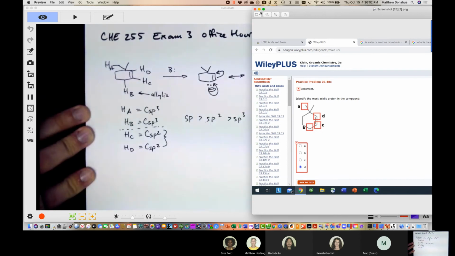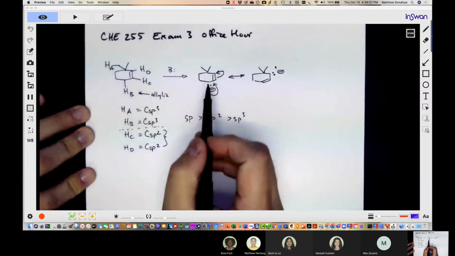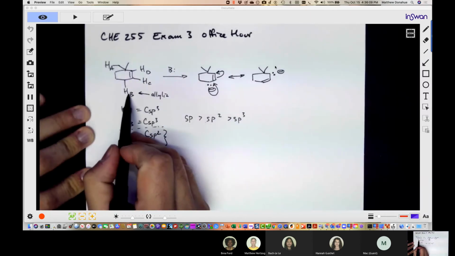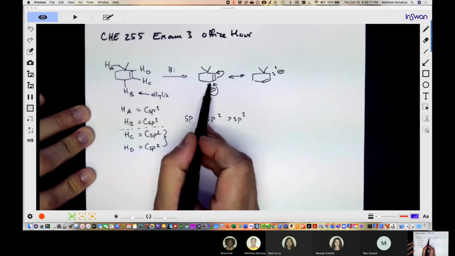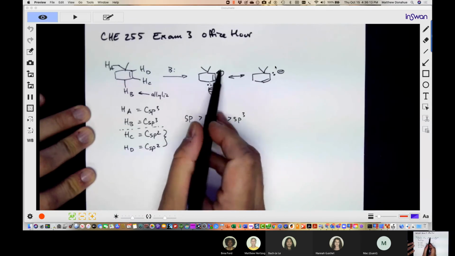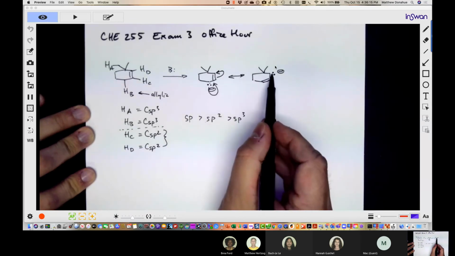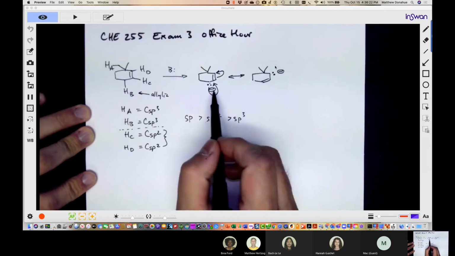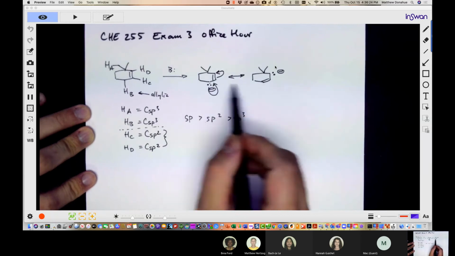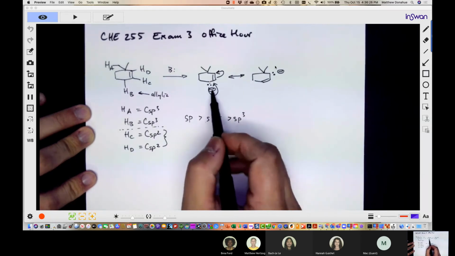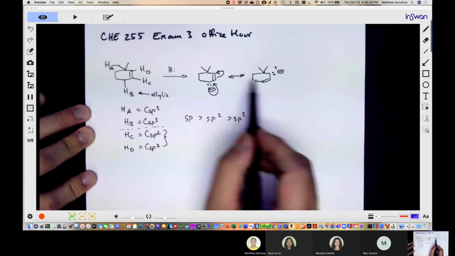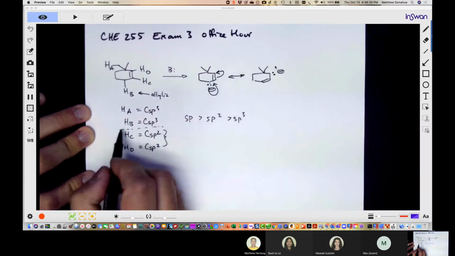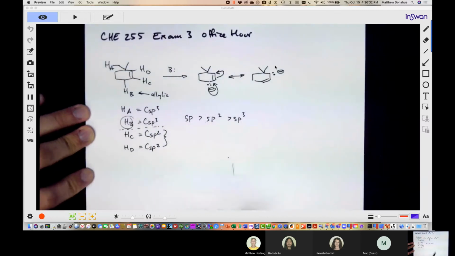So I realize that you probably can't see that. So there it is again. When you're deprotonating HB, you form this allylic anion. Through resonance, it's stabilized at the other position of where the alkene was. So when you're talking about acidity, you're also talking about the stability of the conjugate base, because that negative charge is delocalized over two spaces. HB is the most acidic.